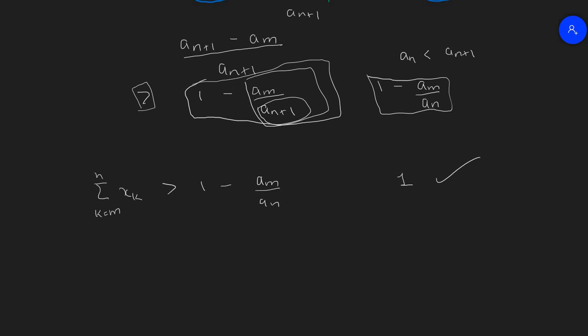Now we know these a_n are strictly increasing and unbounded. So a_m is a fixed quantity, and if we fix this m and vary n, as n tends to infinity, since these a_n are increasing and unbounded, it will tend to infinity.